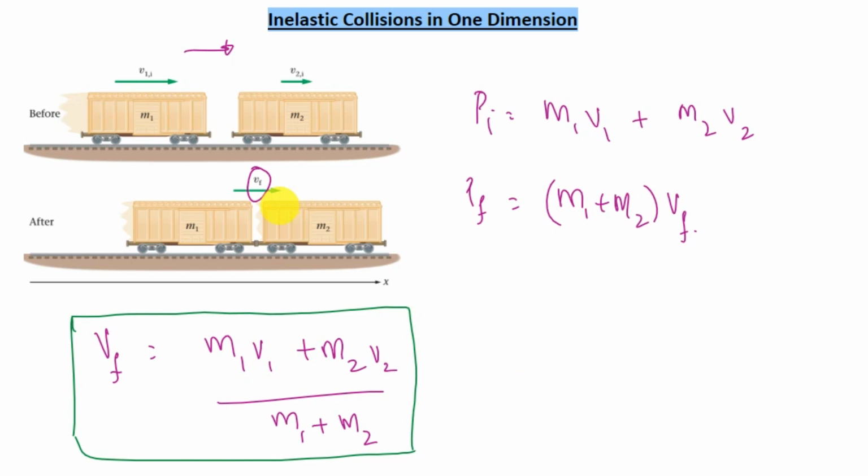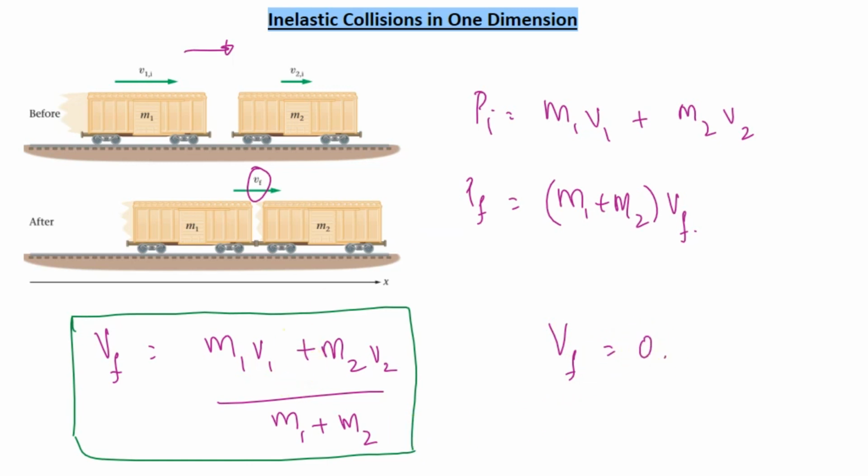Now there are some special cases. Here we have understood one thing, that the final velocity equals the initial momentum divided by the total mass of the system. Now, if the initial momentum was 0, then the final speed vf will be 0. And how can the initial momentum be 0?